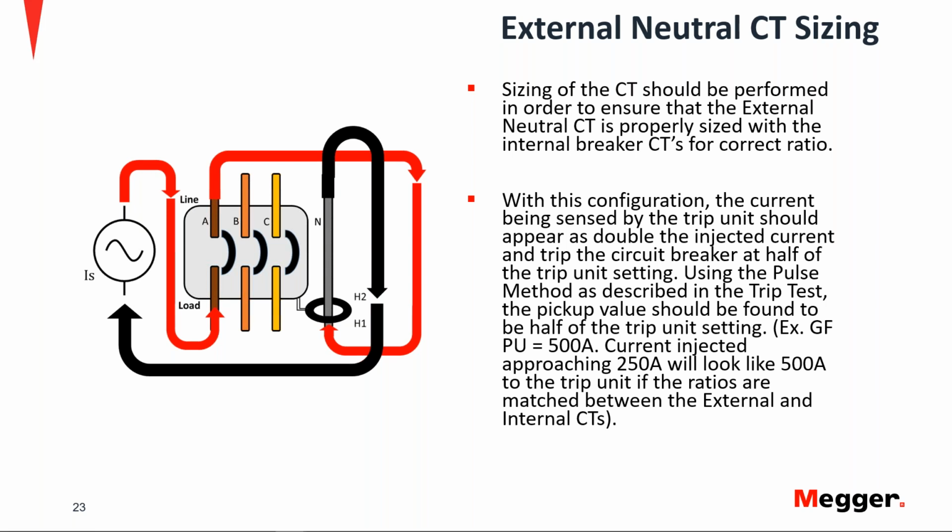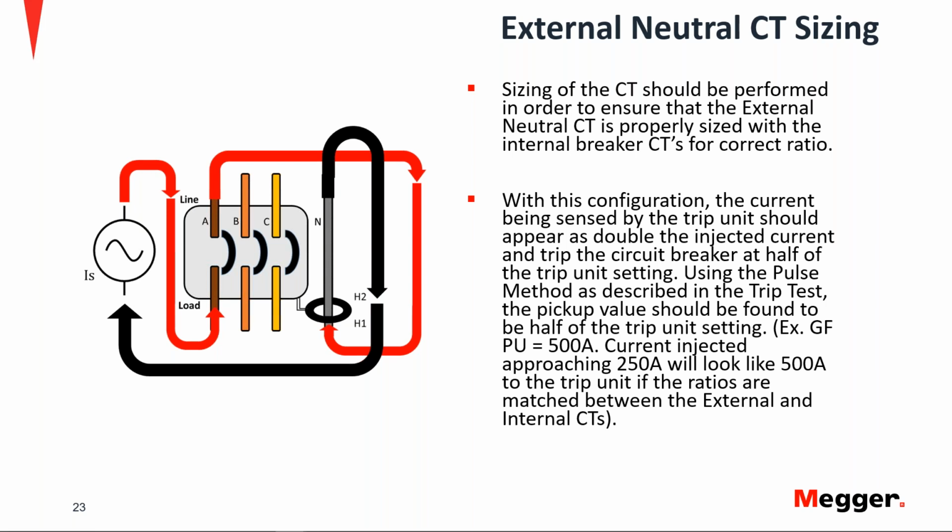Again, not difficult. If you are already familiar with testing the other protection elements of the circuit breaker, testing the ground fault protection is just a matter of knowing the proper connections to perform, and of course what to look for and how to analyze my results, which is really simple: comparing my values against the time current curve.